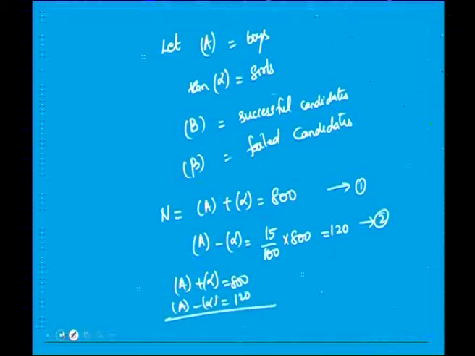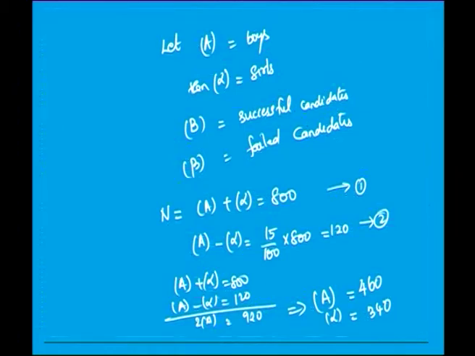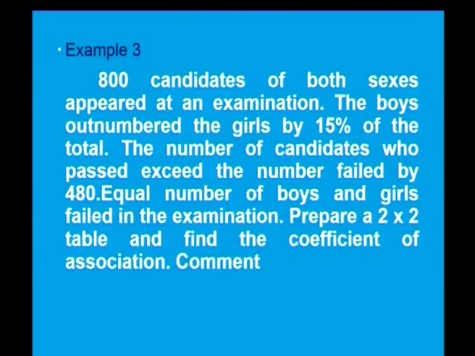Solving, we get 2A is equal to 920, which implies A is equal to 460. Similarly, we will get alpha is equal to 340. Another piece of information given in the question is that the number of candidates who passed exceeds the failed candidates by 480.